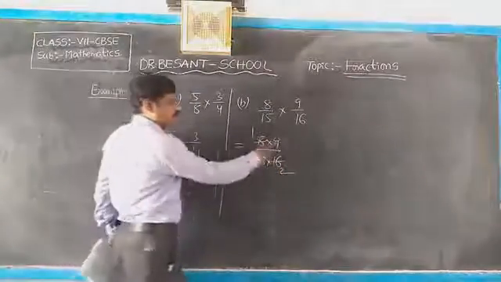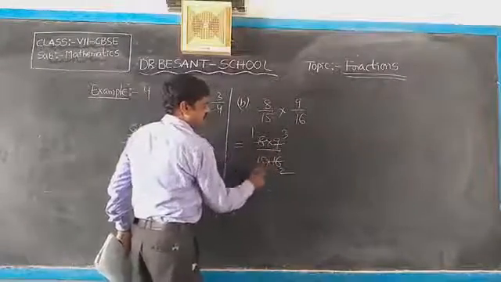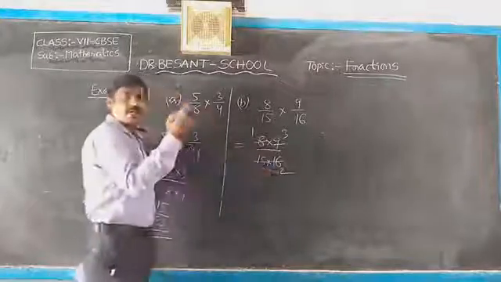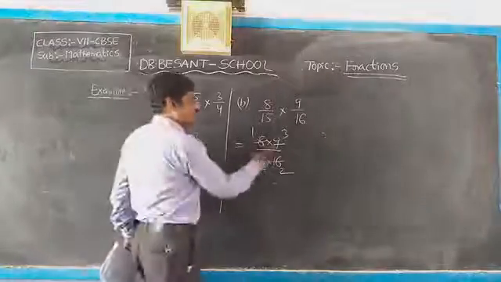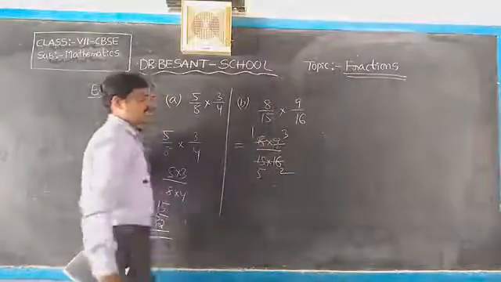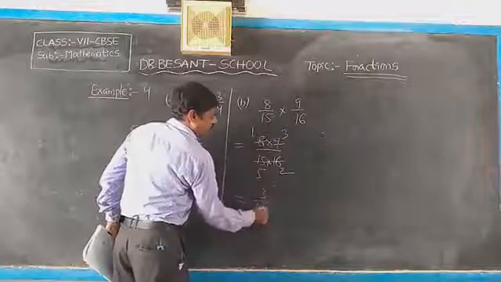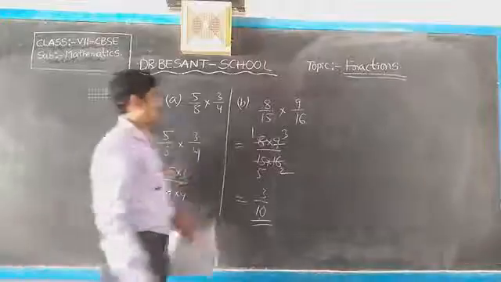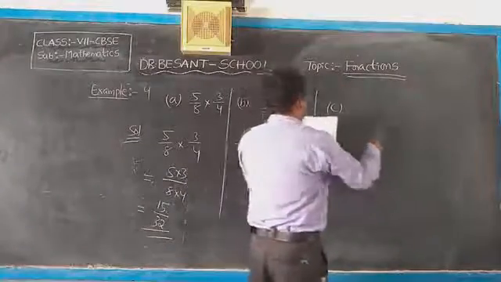There is a common factor for 9 and 15: 3 3s are 9, 3 5s are 15. So 8 is a common factor for 8 and 16, and 3 is a common factor for 9 and 15. Then 1 3s are 3, 5 2s are 10. 3 by 10.